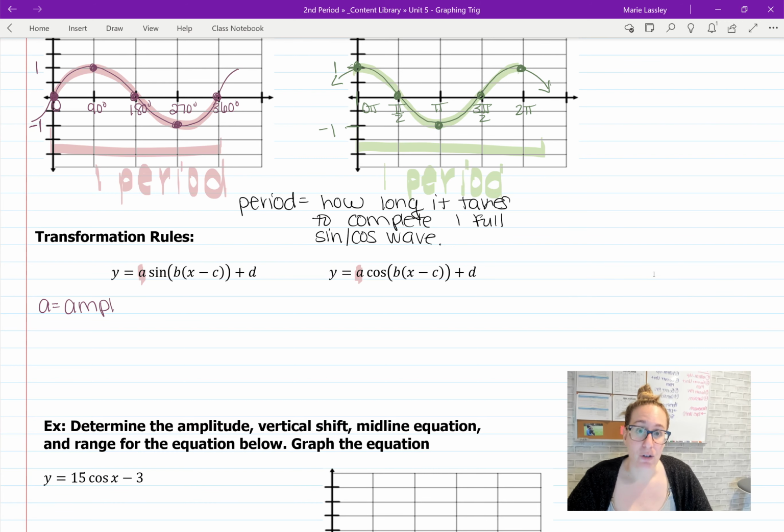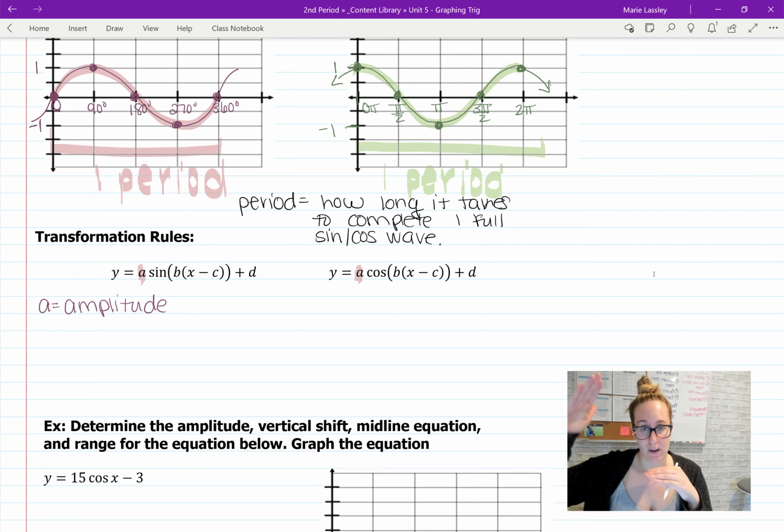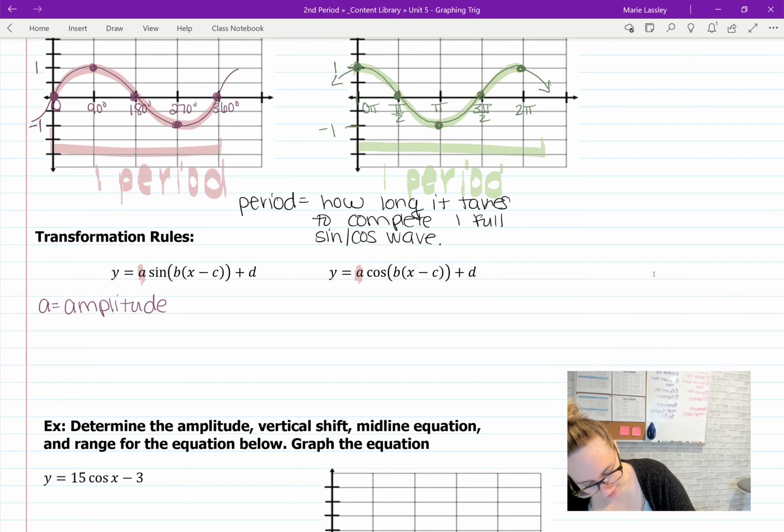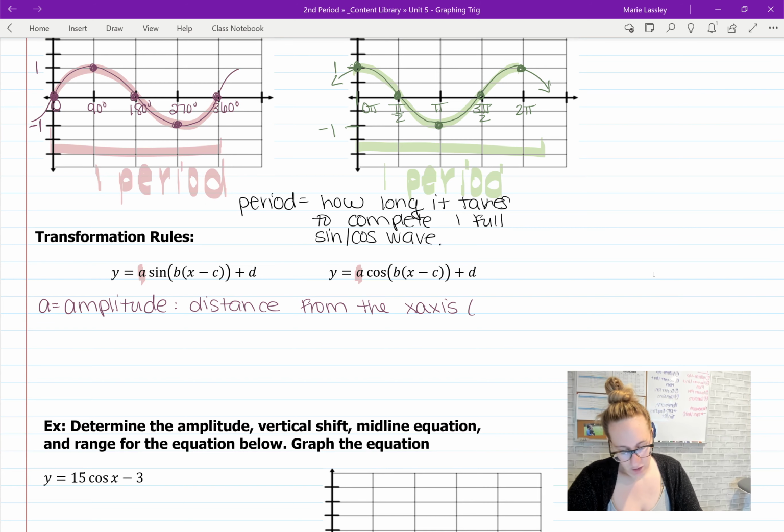All right, and the amplitude is the distance from the x-axis, sorry, not necessarily always the x-axis, but we'll say x-axis for right now.